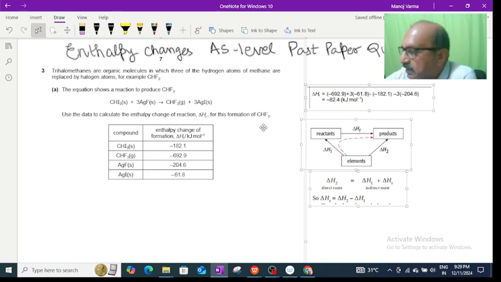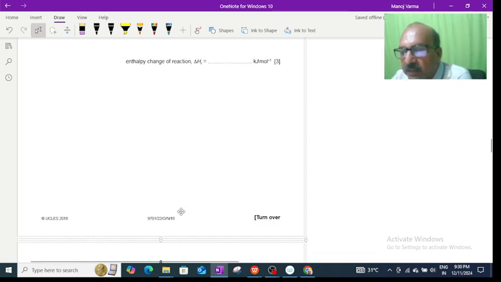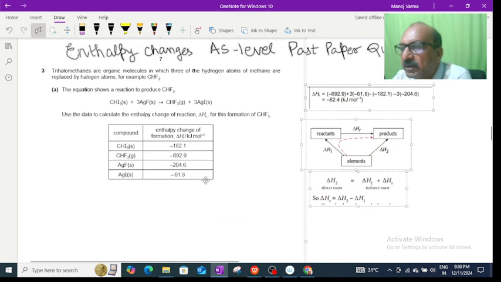So let's start. I have taken a question that you can see is from the October 2018 paper, and the variant is 229701 is the code. So let's see what the question was and how it had to be attempted.